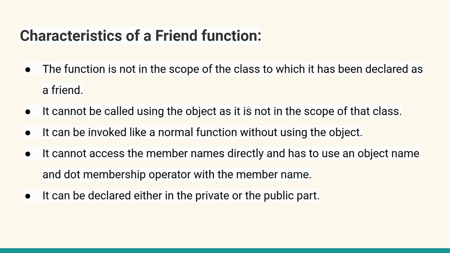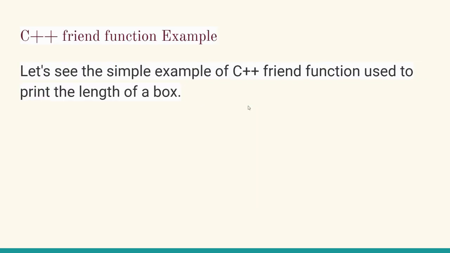It cannot access the member names directly and has to use an object name and the dot membership operator with the member name, as we used in the previous lectures. It can be declared either in the private or the public part. These are the characteristics of a friend function.